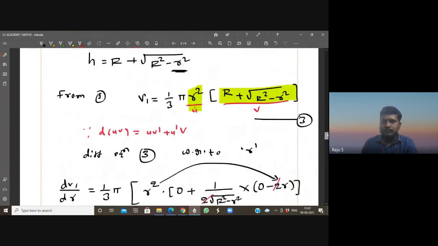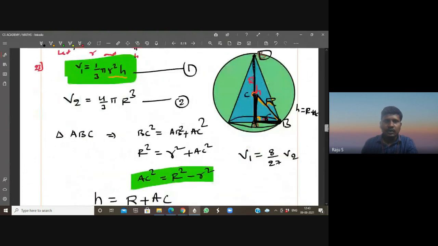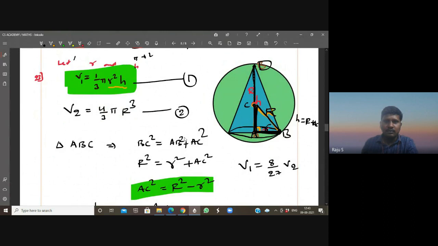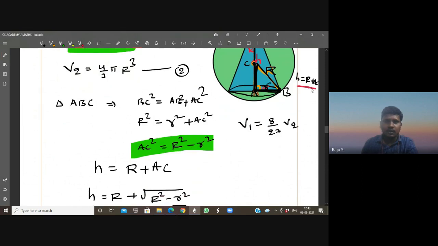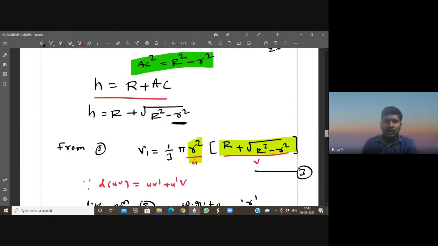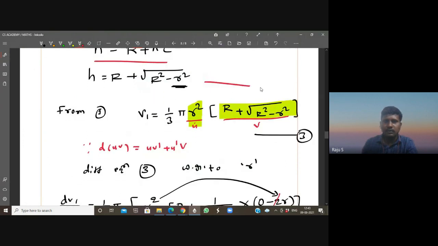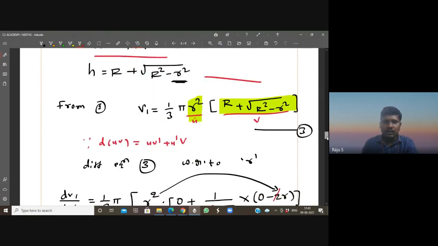See here, I want to take equation 1. In equation 1, capital R square, we already got it. Just we have to find h value. h value is what? Capital R plus, so already we got small r square, you can substitute here.